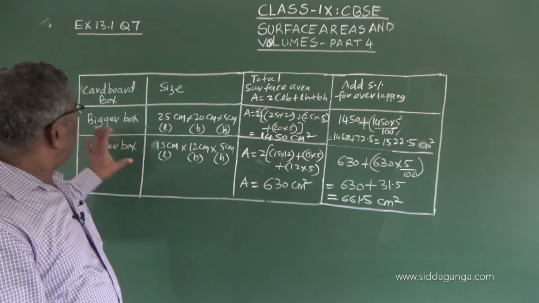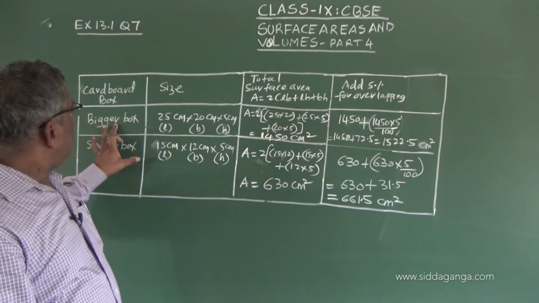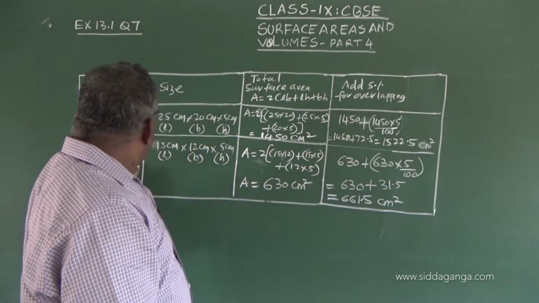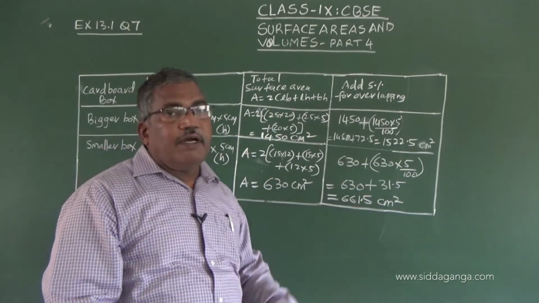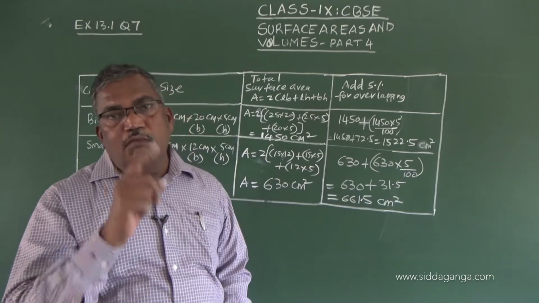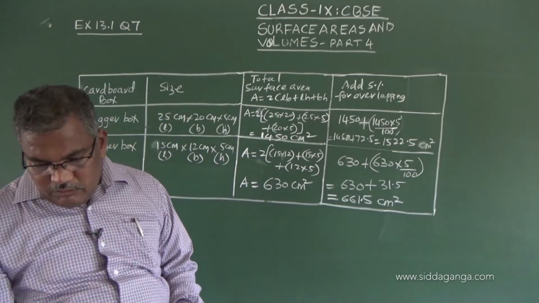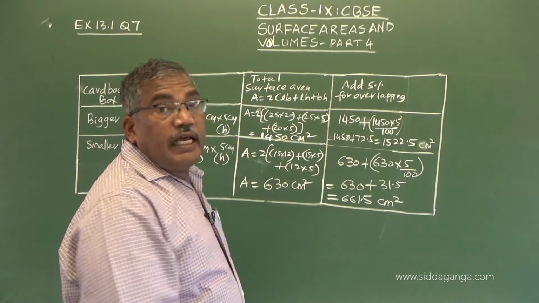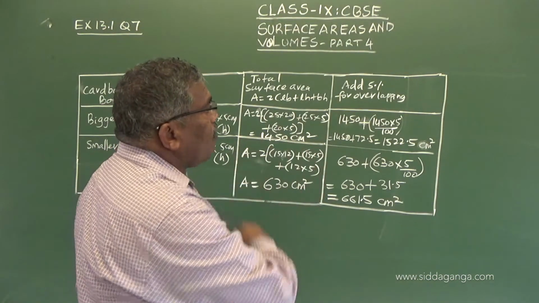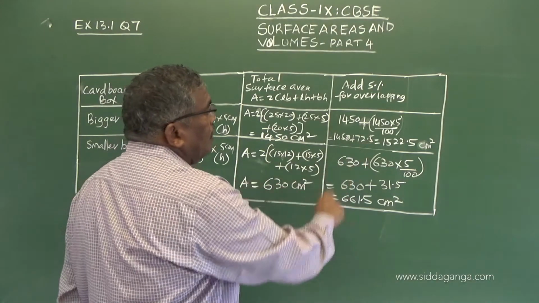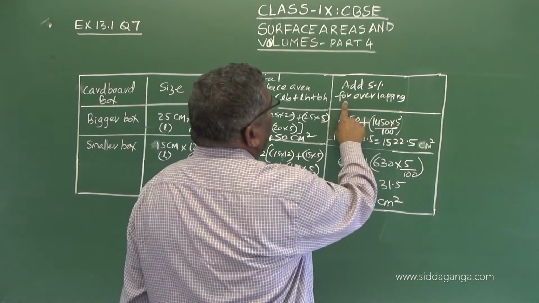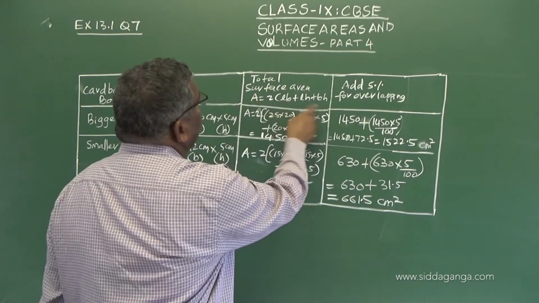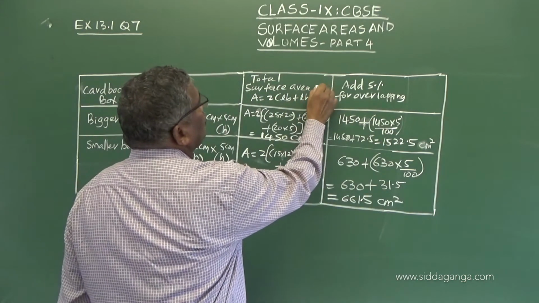So we know the bigger box total area required and smaller box total area required for one box. This is for one box, with the overlapping added, the total surface area of each box.